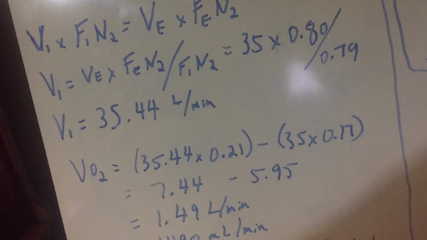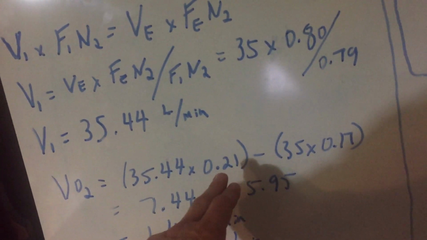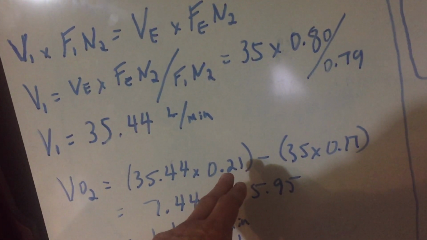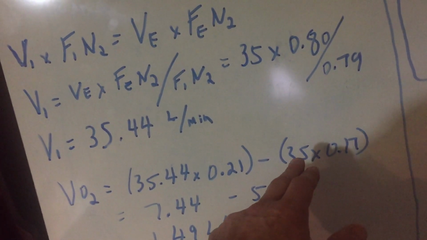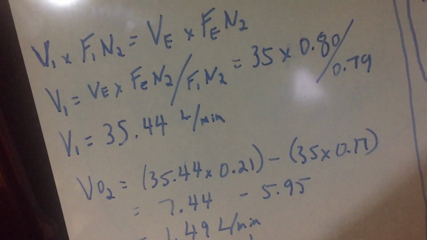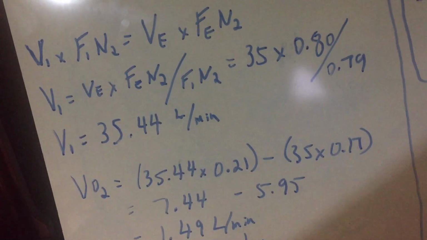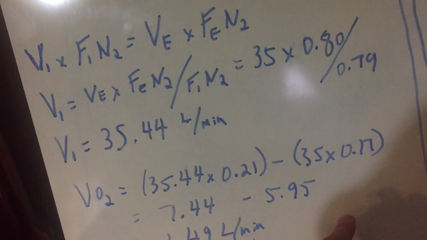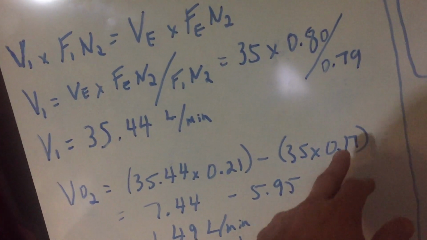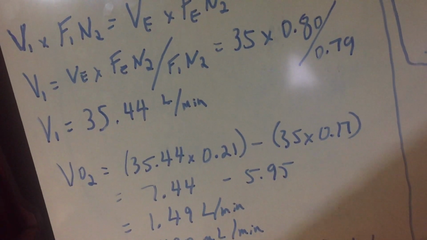VO2 equals your ventilation inspired multiplied by 21%, the fraction of oxygen in your inspired air, minus 35, which is your ventilation expired, measured by the metabolic cart and given in the question, times 0.17, your fraction of expired oxygen as measured by the metabolic cart.